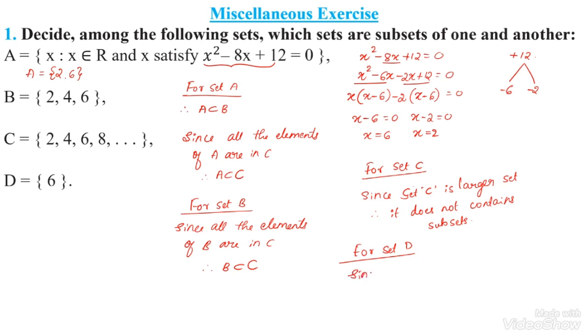Since all sets contain the element 6 of set D, therefore D is a subset of A, again D is a subset of B, then D is a subset of C. Now C is the main set and A is a subset of C. B is a subset of C. D is a subset of all the sets.